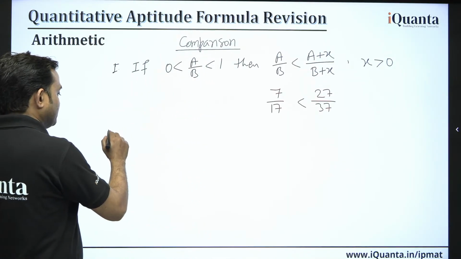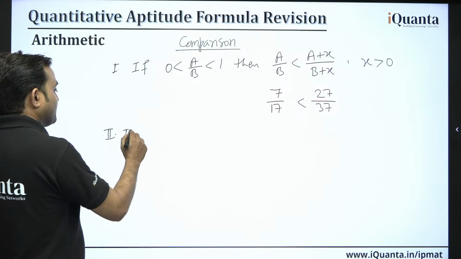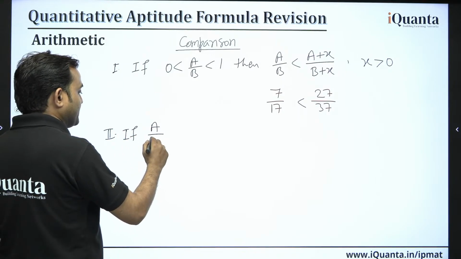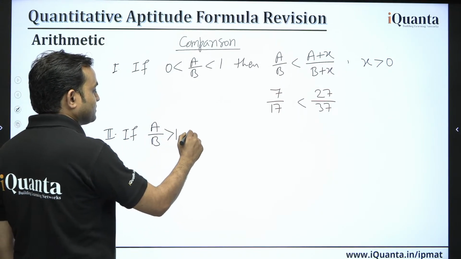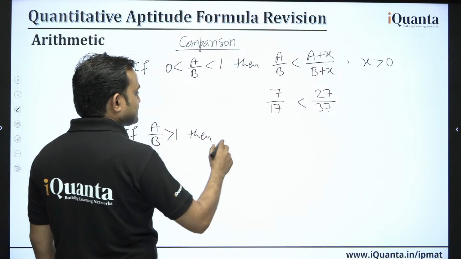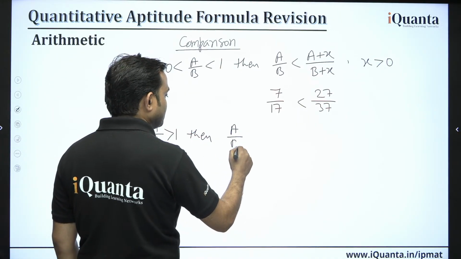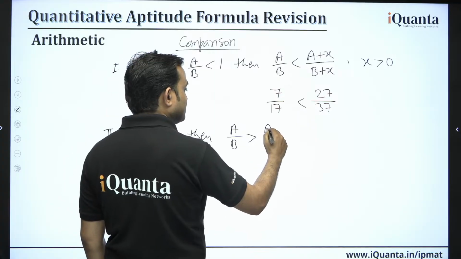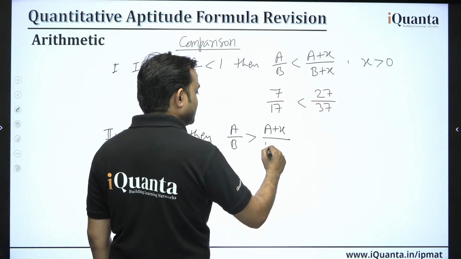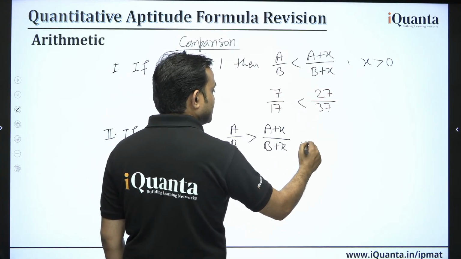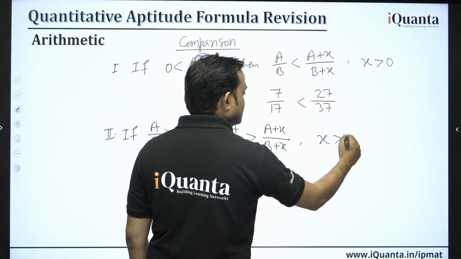The second one: if the ratio a by b is greater than 1, then a by b will be greater than a plus x divided by b plus x, given that x is positive.